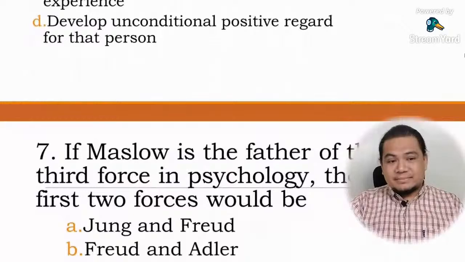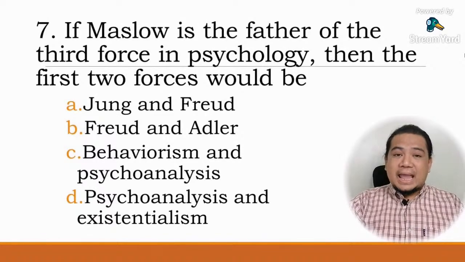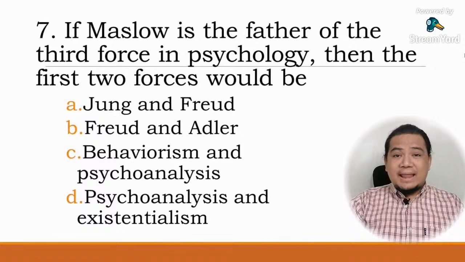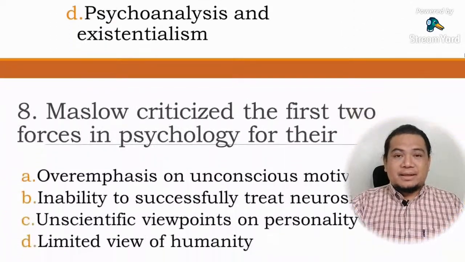Number 7. If Maslow is the father of the third force in psychology, then the first two forces would be A, Jung and Freud, B, Freud and Adler, C, behaviorism and psychoanalysis, or D, psychoanalysis and existentialism.